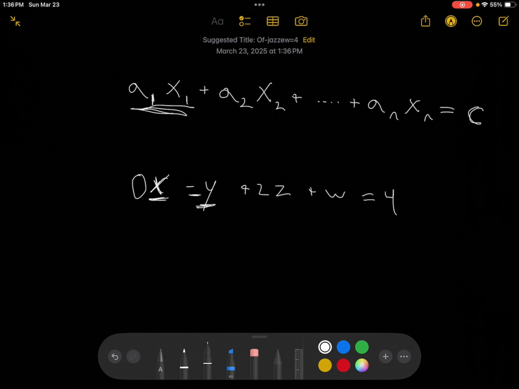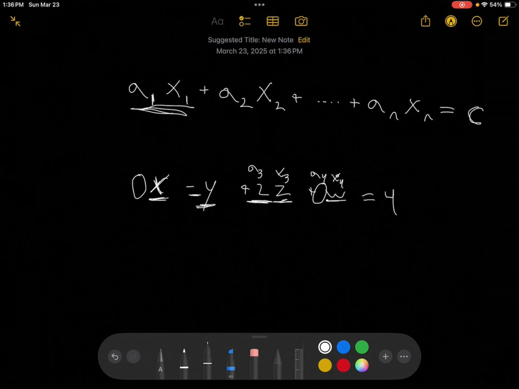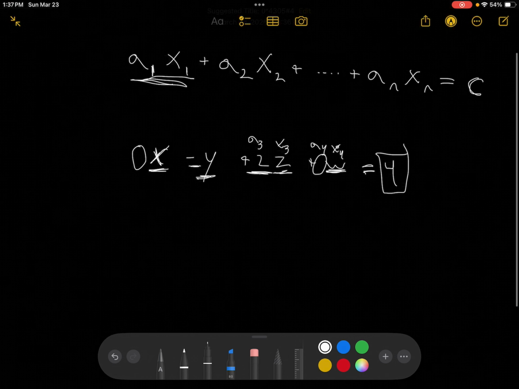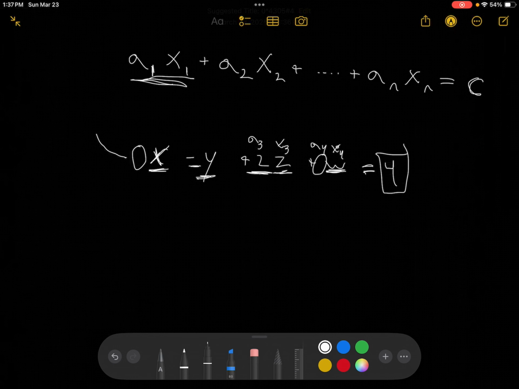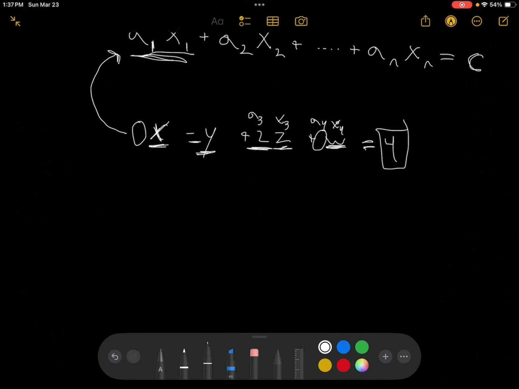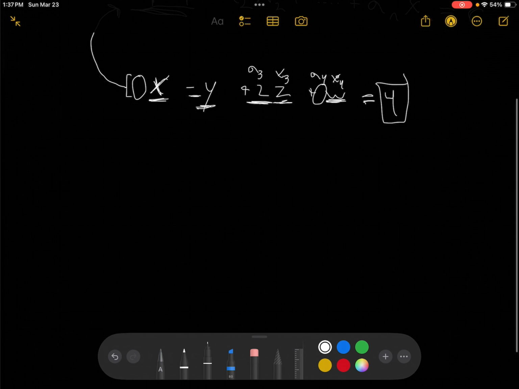Then we have minus 1 times y, and then we have a3 being 2, and then our x3 is z, and then we have our a4 term as 1, and our x4 term as w, and all of this is equal to some real number. In this case, it's 4. So this equation aligns with this format of a linear equation. Thus, this one is considered a linear equation.